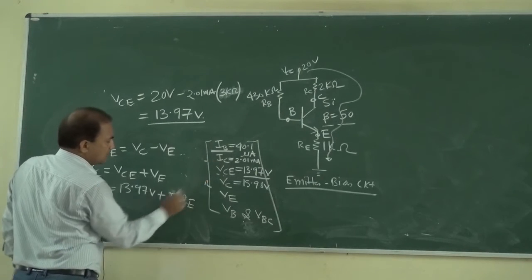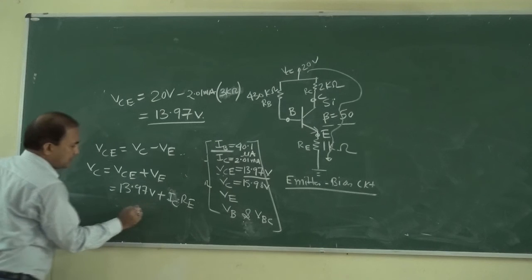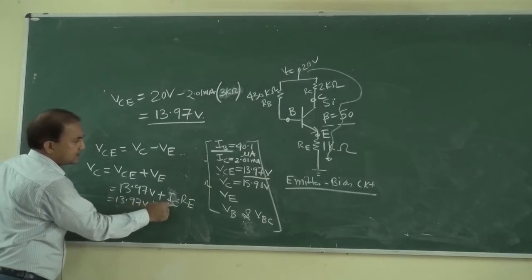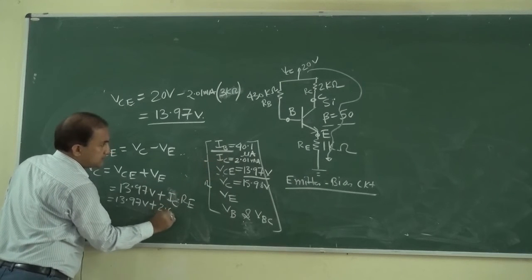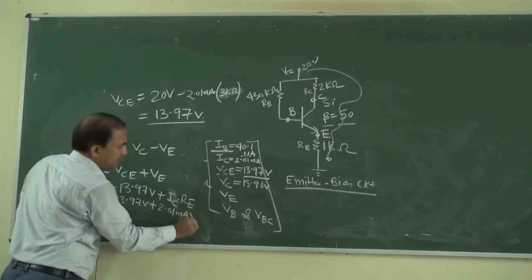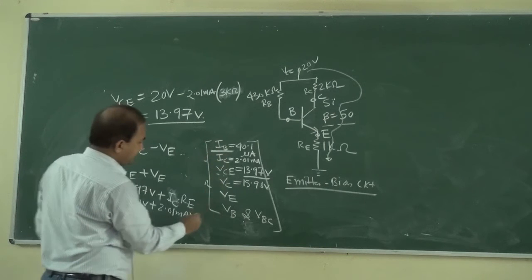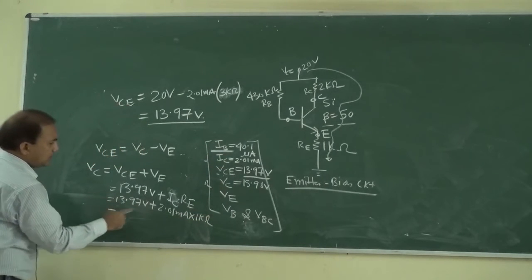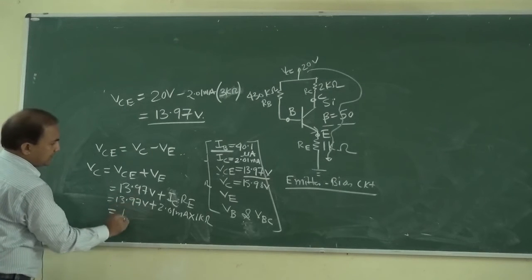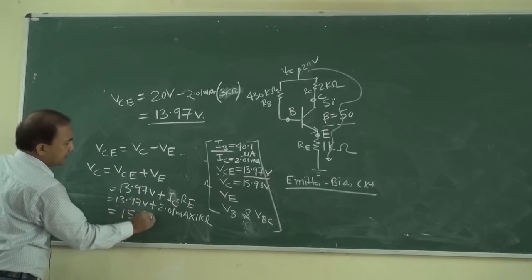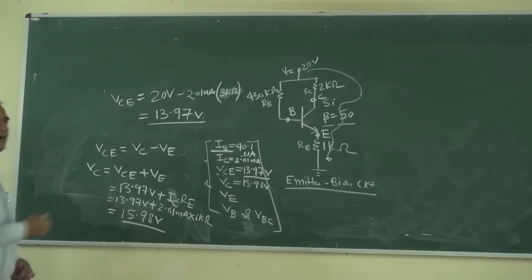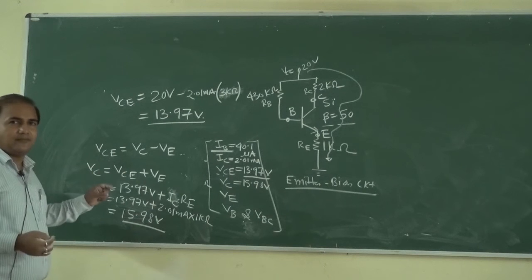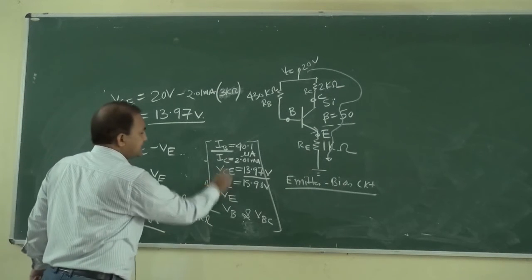IC is 2.01 milliampere multiplied with RE, and RE is 1 kilo ohm. If we calculate it, it will be equal to 15.98 volt. So by using both methods, the result is the same. In this way we can determine VC.